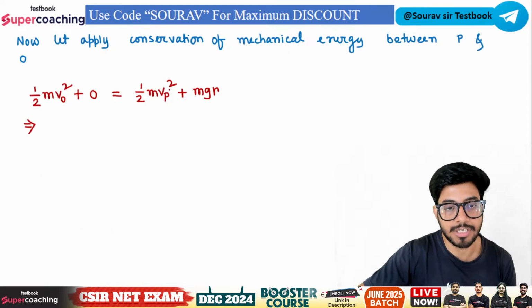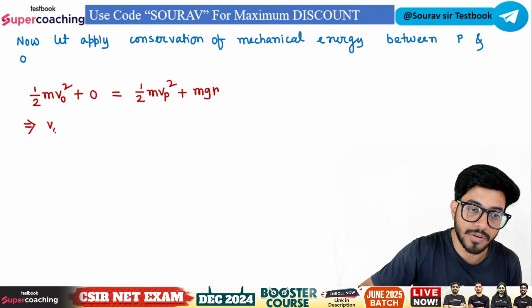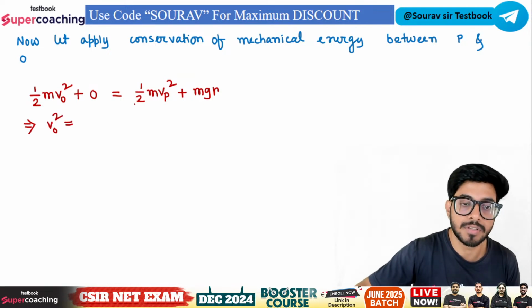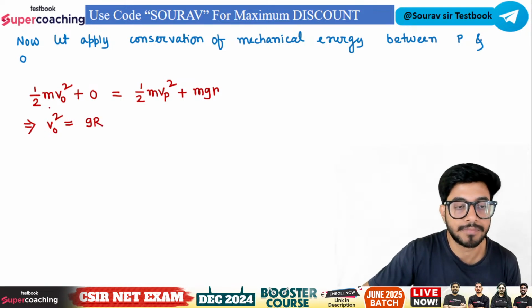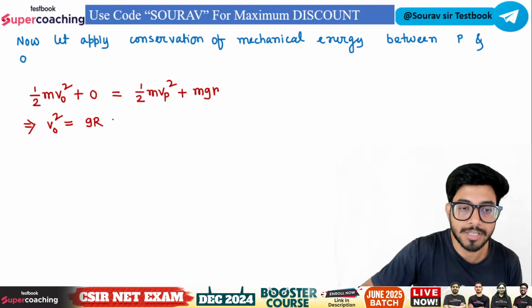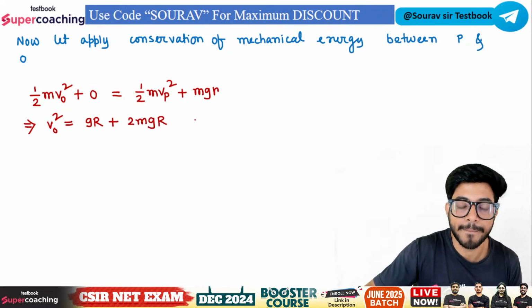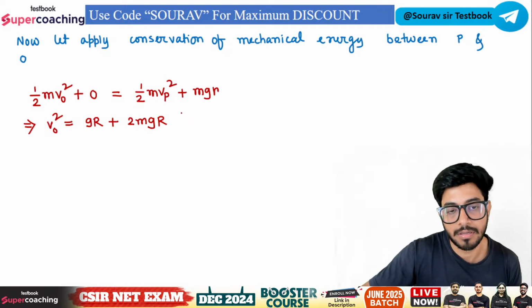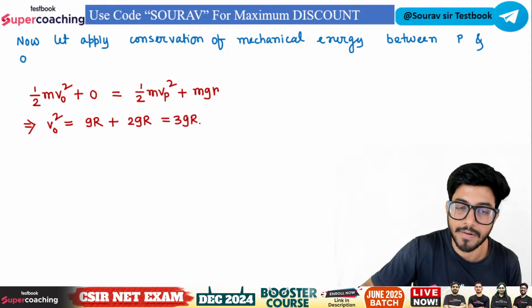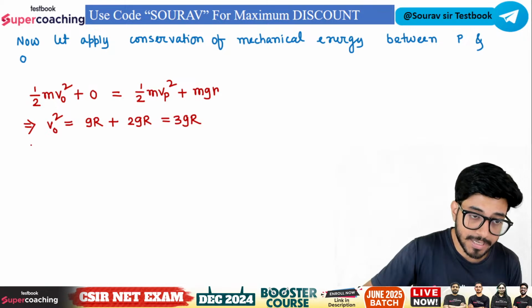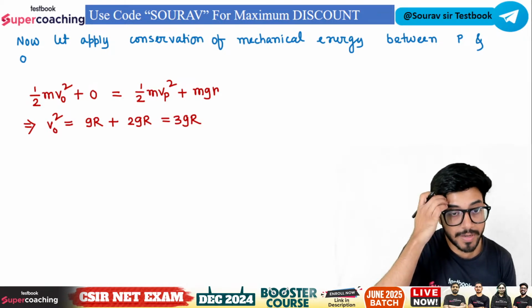So Vp square is simply gr. Mass m can be cancelled out, half can be cancelled out, so V naught square is basically equal to gr plus 2gr, and therefore that is 3gr. So V naught square is 3gr.